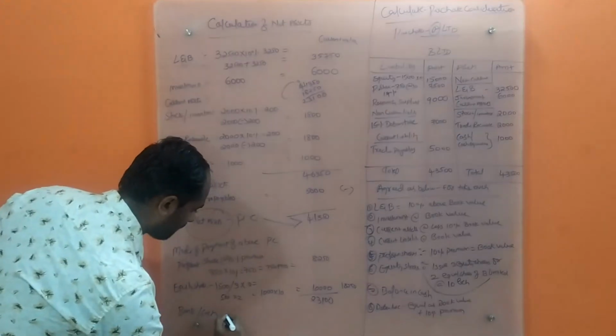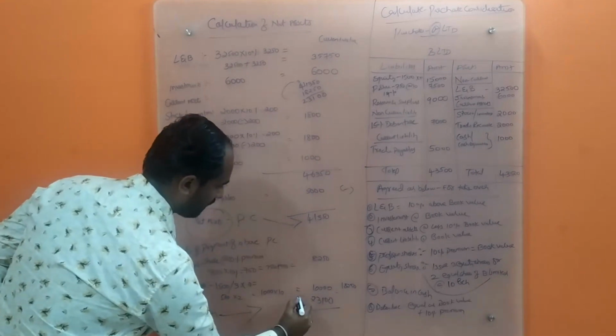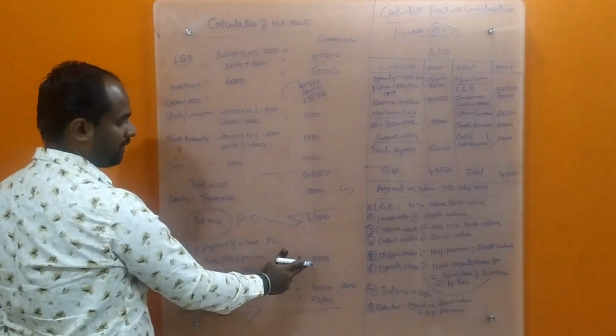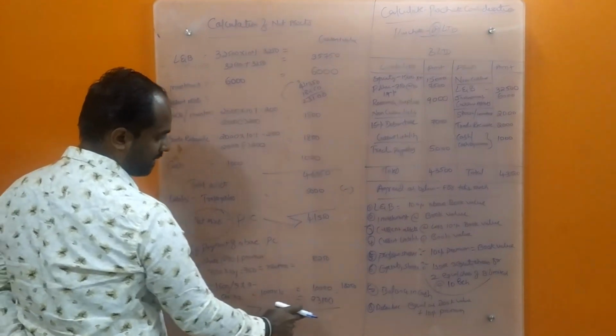So bank or cash, they are going to pay 2,300. So 8,250 in preference share, 10,000 in equity share, and balance in cash 2,300.